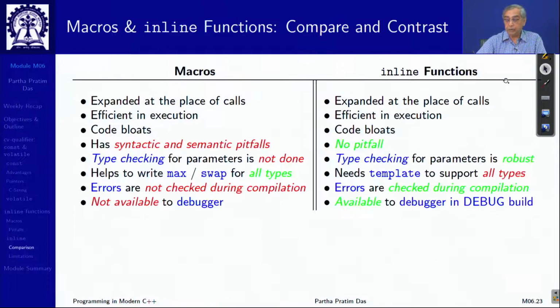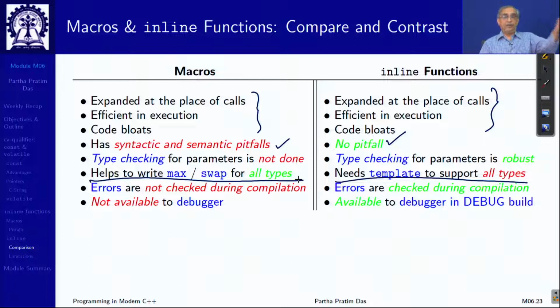So, you should stop using macros and only use inline functions. Here is a simple comparison of that. The first 3 points are the same between the two, the code bloats and all that, but macro has significant syntactic and semantic pitfalls. Type checking is available in inline functions. Macros help to write max and swap for all types, which obviously cannot be done by an inline function, and we will see a different solution for that.